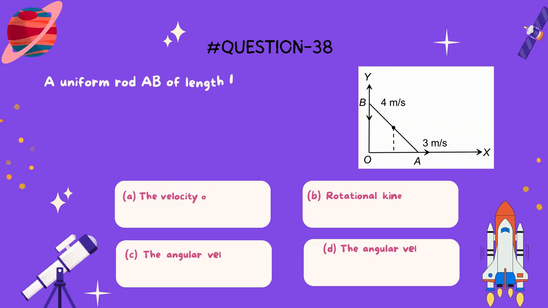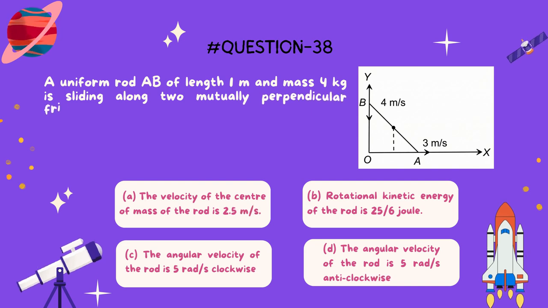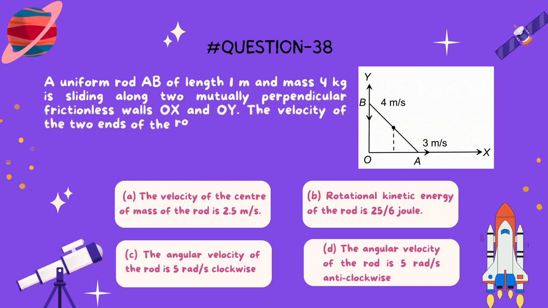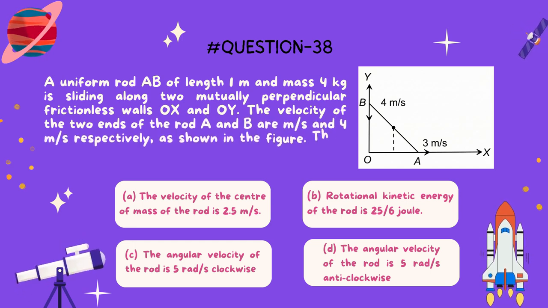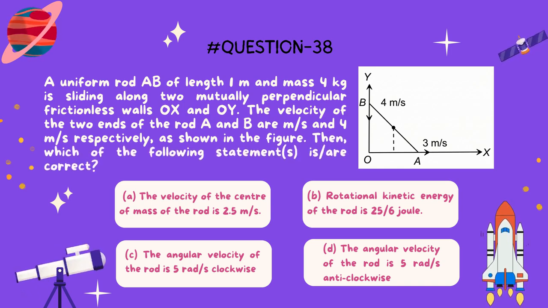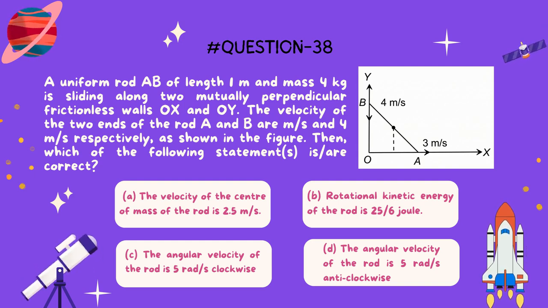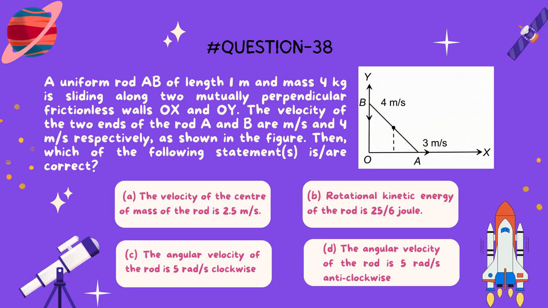38. A uniform rod AB of length 1 meter and mass 4 kilograms is sliding along two mutually perpendicular frictionless walls, OX and OY. The velocities of the two ends of the rod, A and B, are 3 meter per second and 4 meter per second respectively, as shown in the figure. Then, which of the following statements are correct? A. The velocity of the center of mass of the rod is 2.5 meter per second.